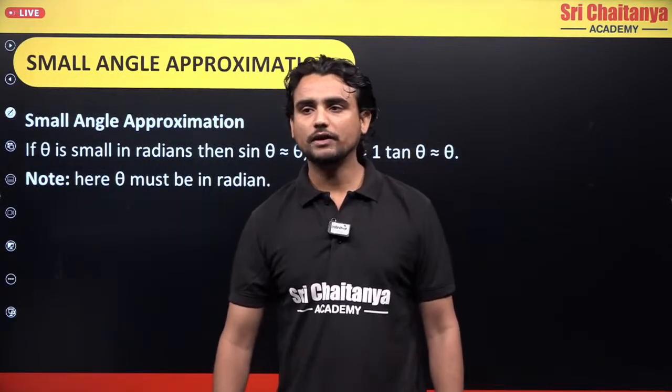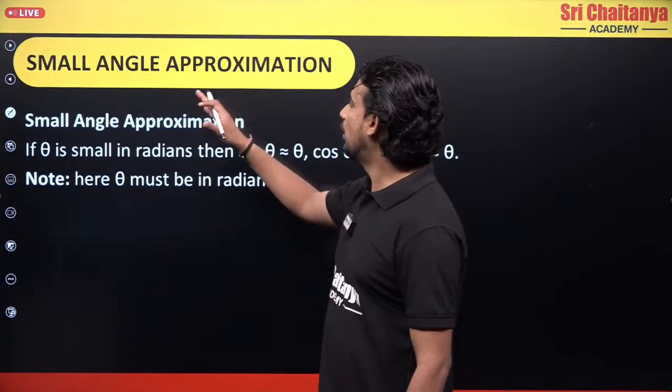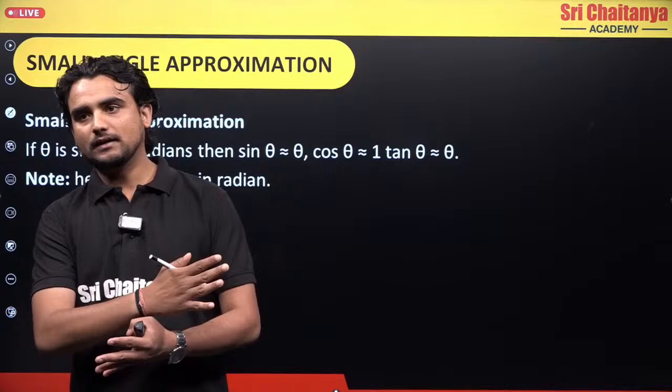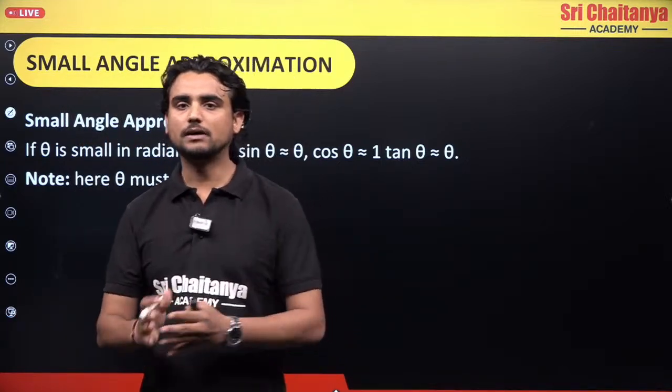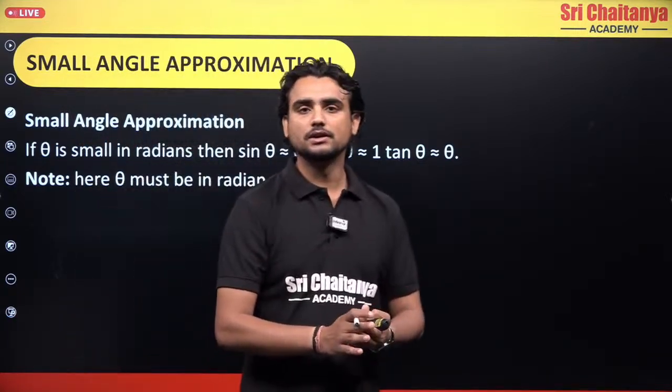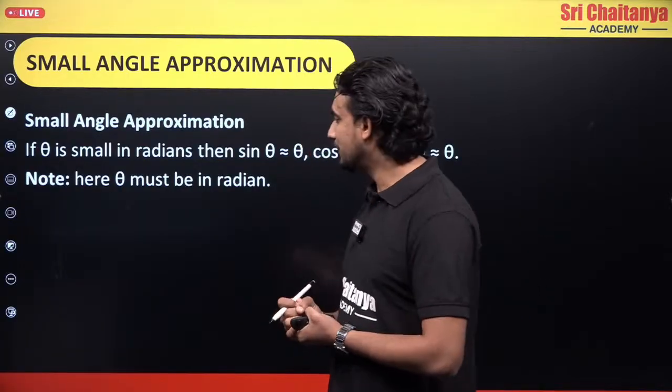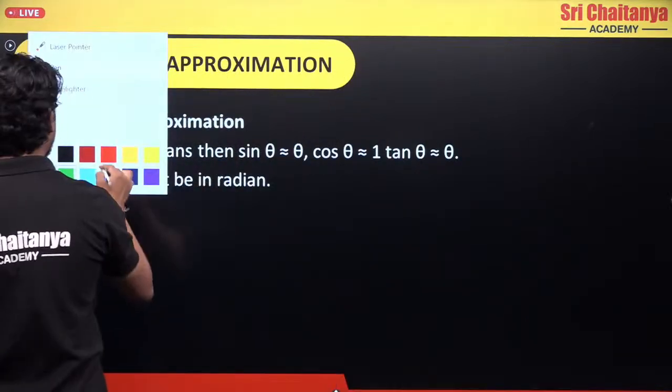So now we are talking about small angle approximation. I have completed all the formulas which you need here. Now we'll move on to the small angle approximation. What do I mean by that? Let's take a simple example.